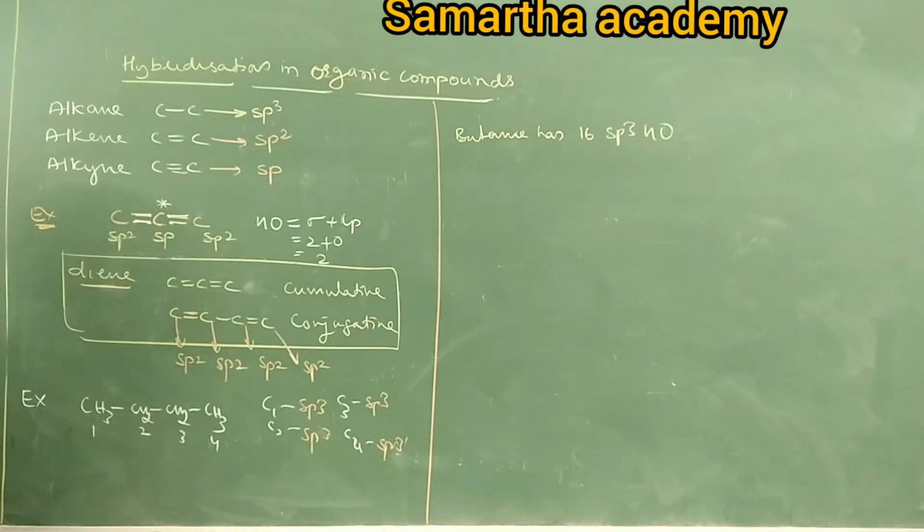Is there any unhybrid orbital? No. If carbon undergoes sp3, there is no unhybrid orbital. We have studied methane. In methane, is there any unhybrid orbital? No. It means when carbon undergoes sp3, there is no unhybrid orbital. Take note.